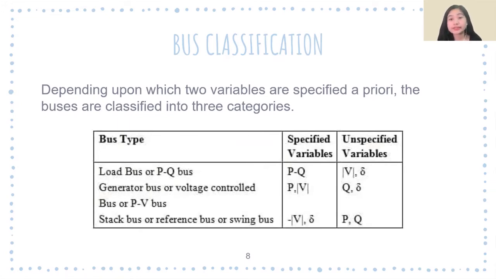Now here in the table, you can see that the different bus types have their own specified variables and unspecified variables. For example, in our load bus or PQ bus, the specified variables would be P and Q, which are our real power and our reactive power, and the unspecified variables would be the voltage and the phase angle.